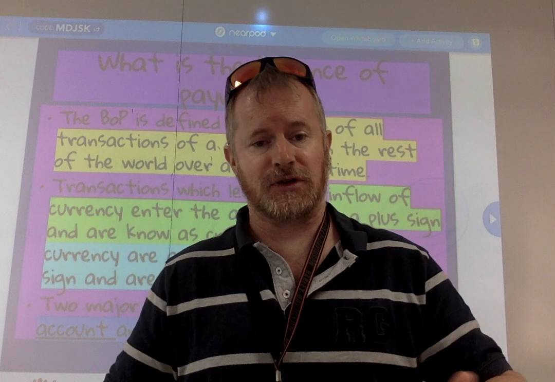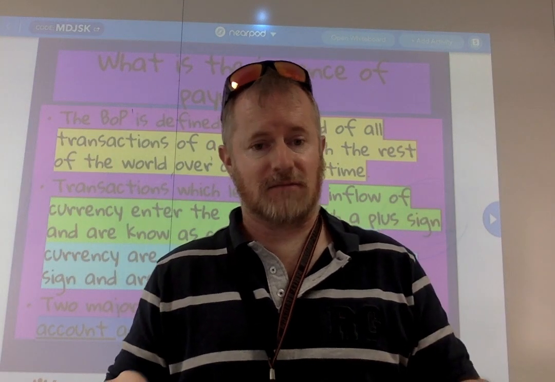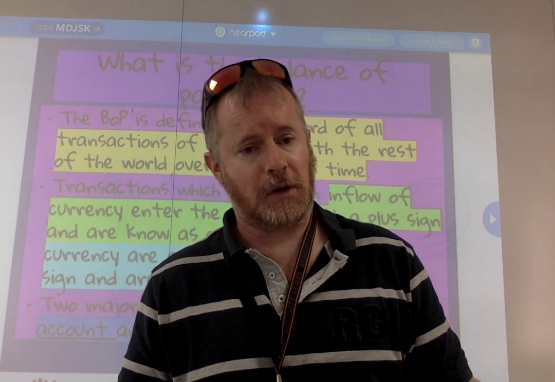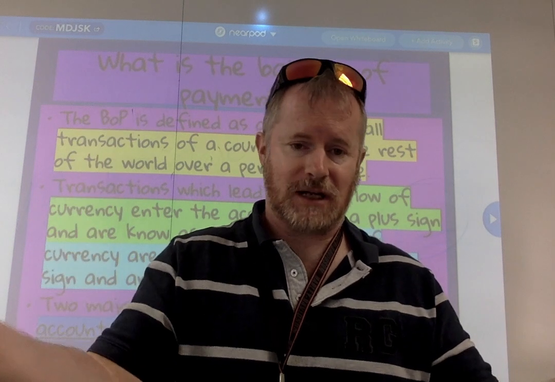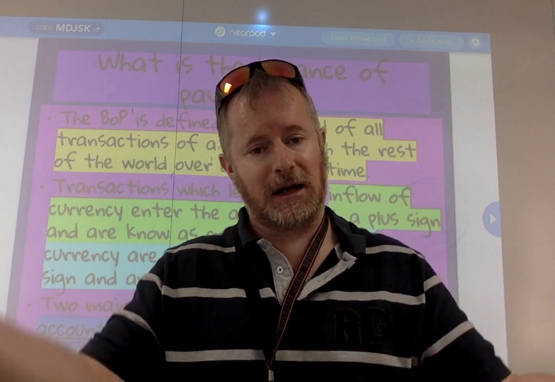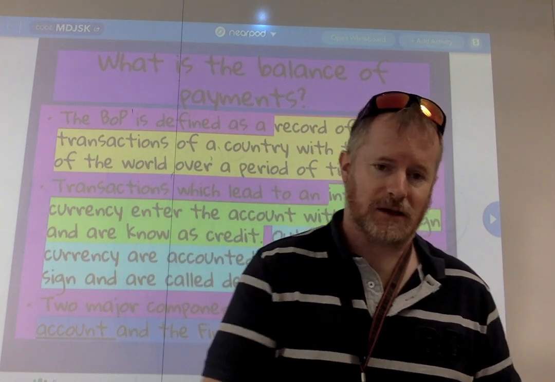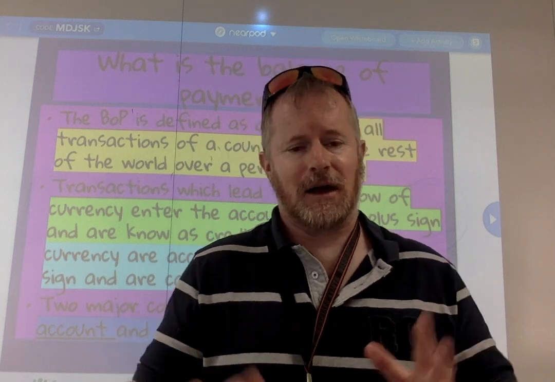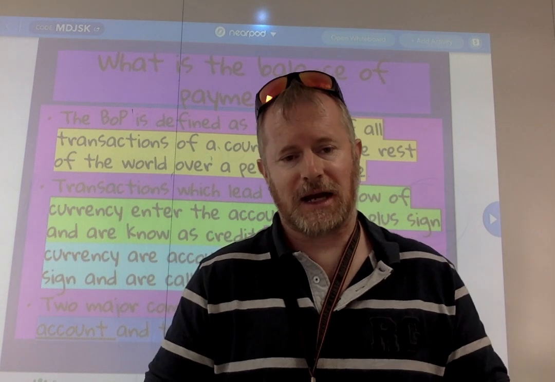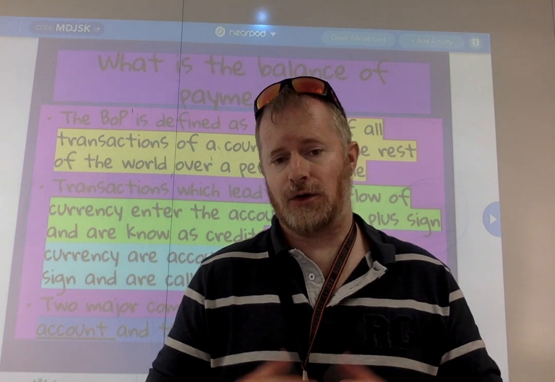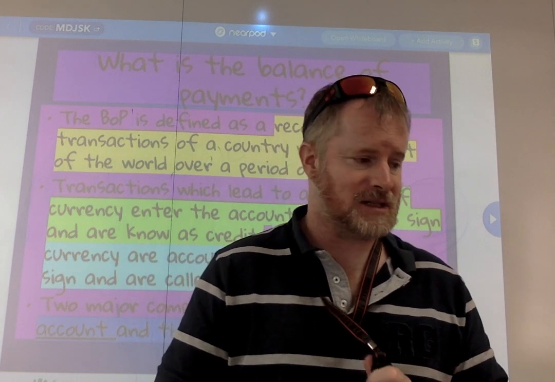It's that same principle where the overall balance is effectively zero, because you've got positive numbers on one side and negative numbers on the other, and they balance each other out. So that's what we find happens with the balance of payments. And yes, there is a little bit of mathematical playing with the numbers, and some of that you're going to learn in IB, so you won't need to worry about that for IGCSE.